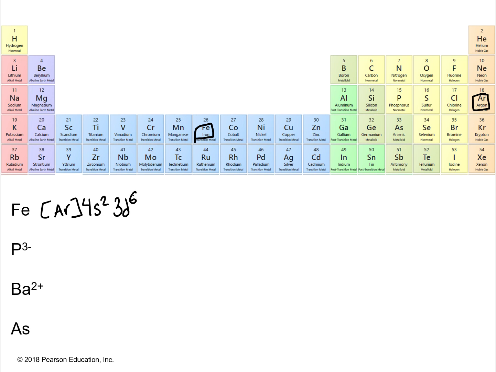This one's an ion. So we're looking at phosphorus that's got an extra 3 electrons. What do we put for this one? I lied. I am asking you for your answers, aren't I?